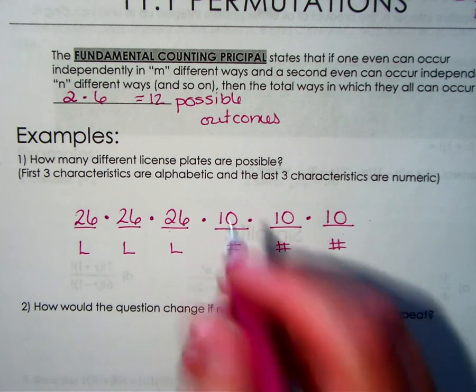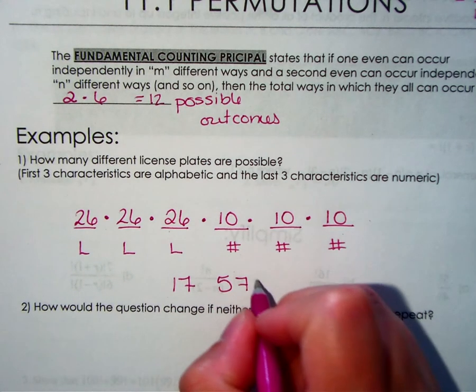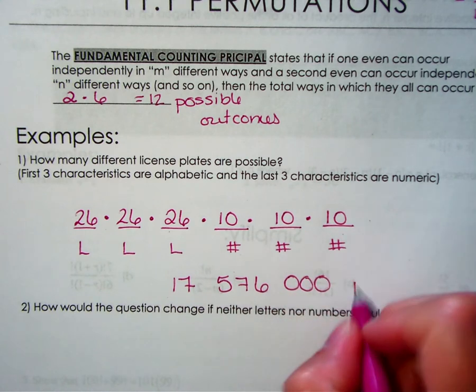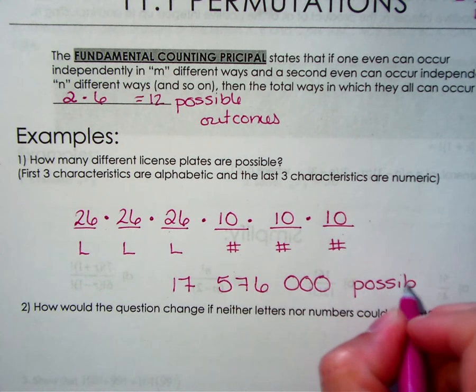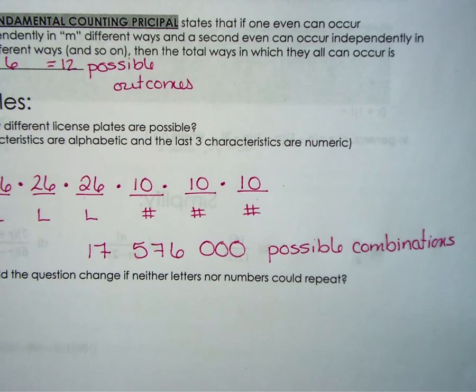All right, so we have 17,576,000. So we have 17.5 million possible combinations.